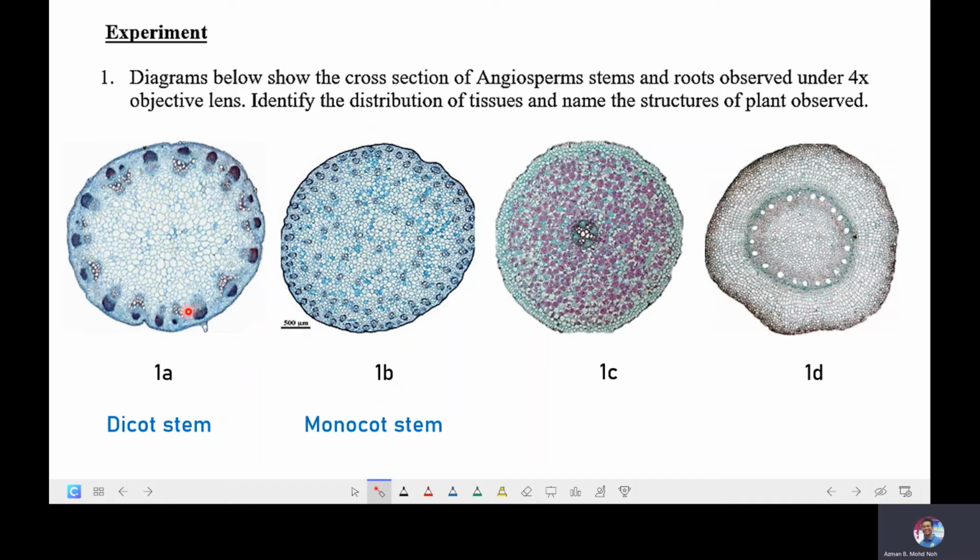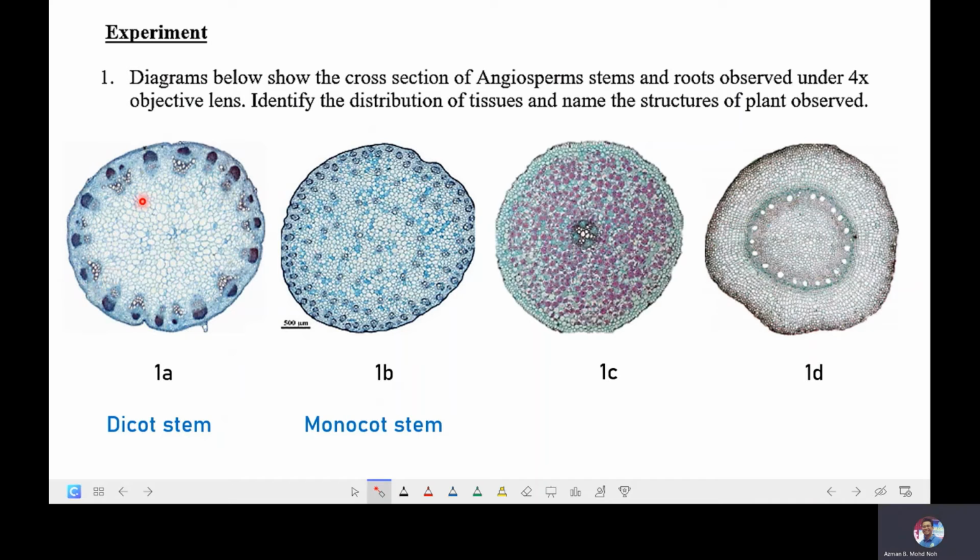As you can see over here, the vascular bundles for the dicot stem will be arranged in a ring or a circular pattern. On the outermost layer will be the epidermal tissue or the epidermal layer.